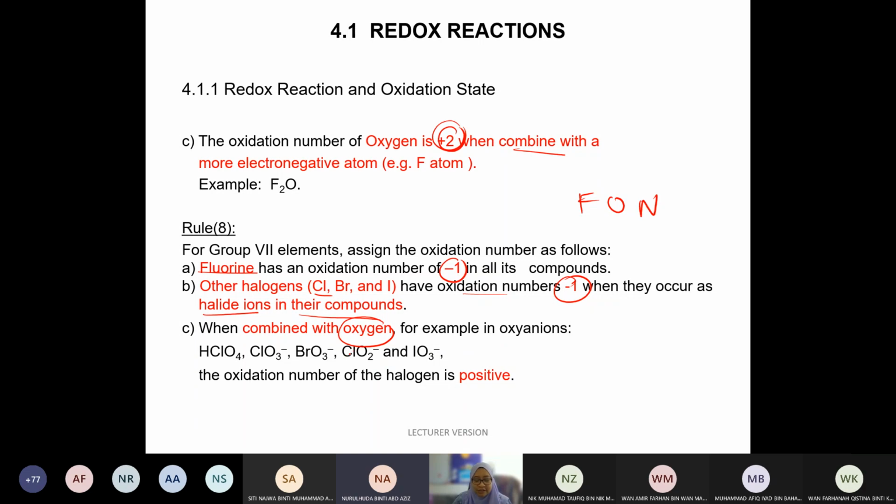So, oxygen is considered electronegative as well. So, automatically, this is called oxyanions. Bila dia ada oxygen, it is called oxyanion. When it combine with oxygen, automatically the halogens, okay, will have positive oxidation number. Okay, it will have positive oxidation number, positive 1 lah.